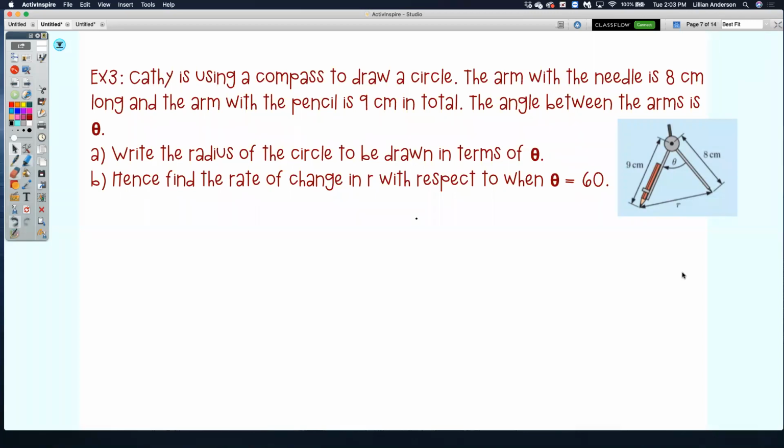What concept are we going to have to use to represent R in terms of theta? What part of trigonometry? What part of trig? Think back to trig. I know it was a while ago.